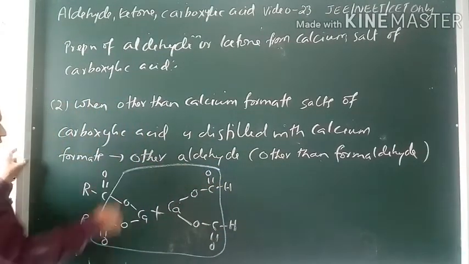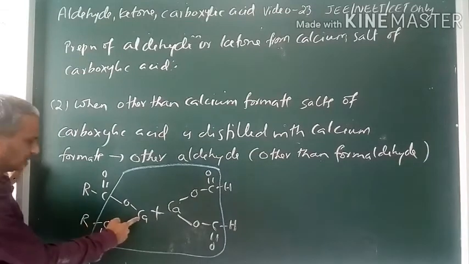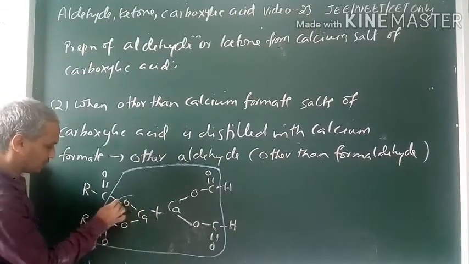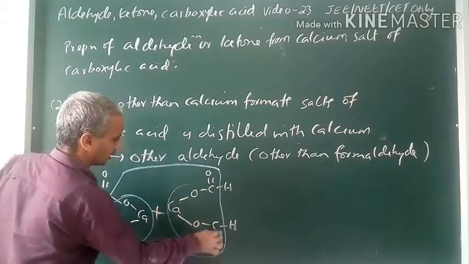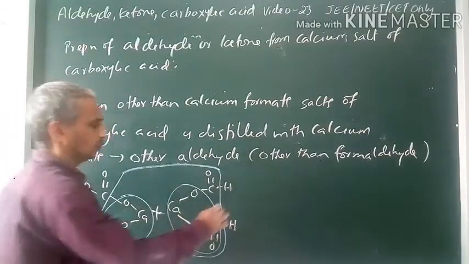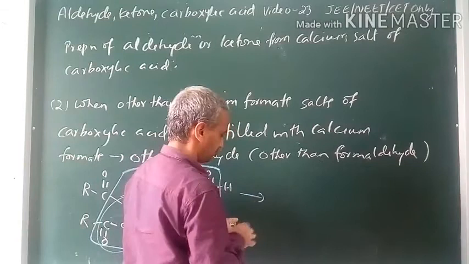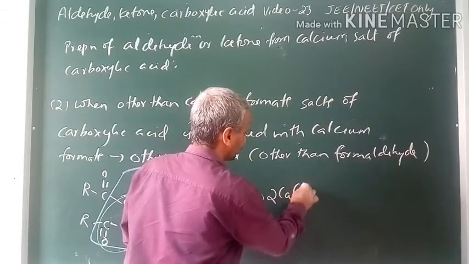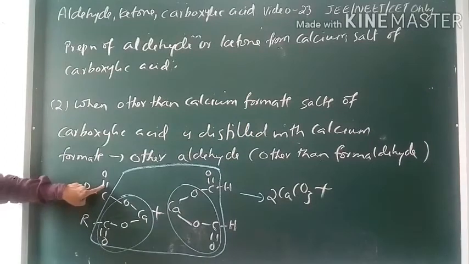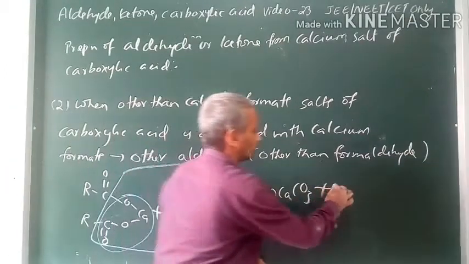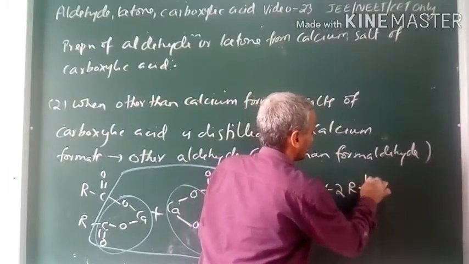Like this, CaCO3. This is one CaCO3, and this one again another CaCO3. Two molecules of calcium carbonate are removed along with RCHO. 2 moles of RCHO will be obtained.